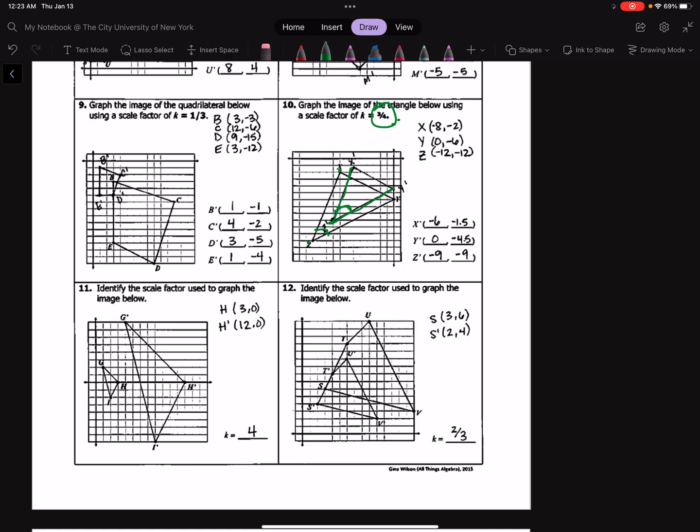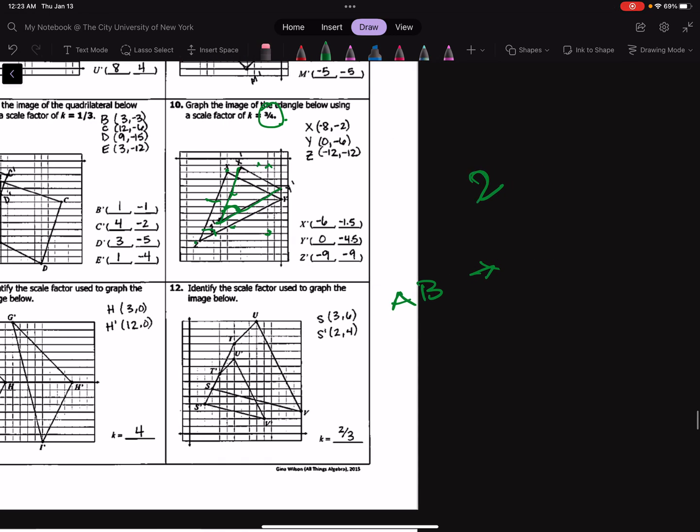So remember that angles remain the same, other sizes change. So if AB is dilated by scale factor 3, then A prime B prime will be 3 times AB. Or AB will be 1/3 of this.